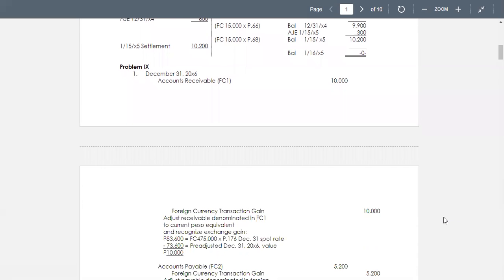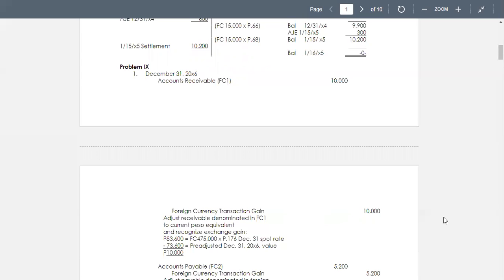So we debit to accounts receivable the amount of 10,000 and credit to foreign currency transaction gain. Now, why do we have a gain?